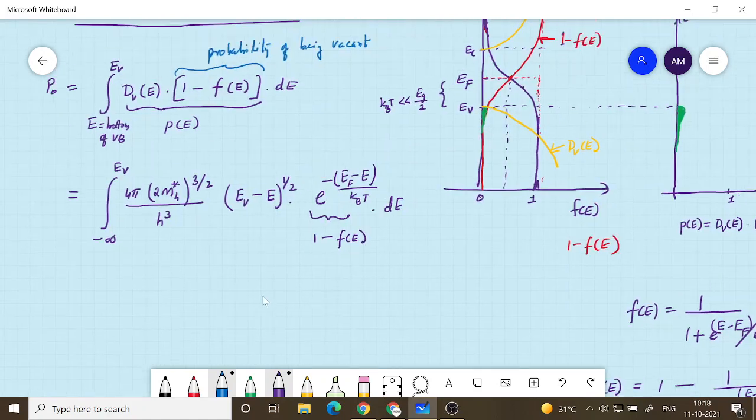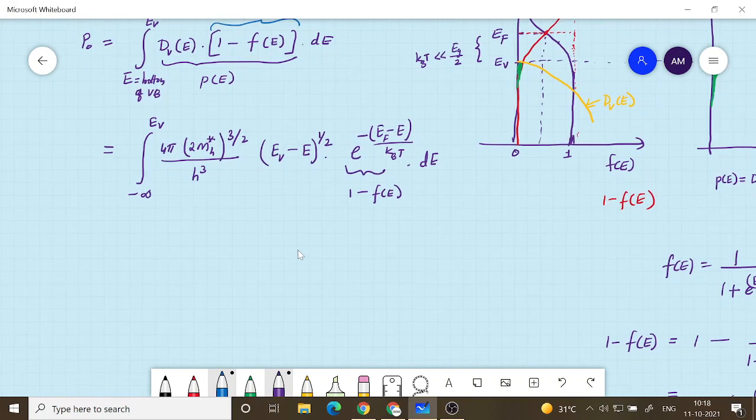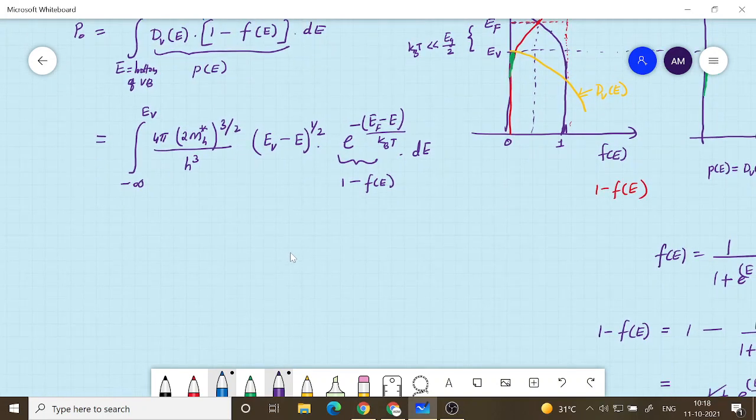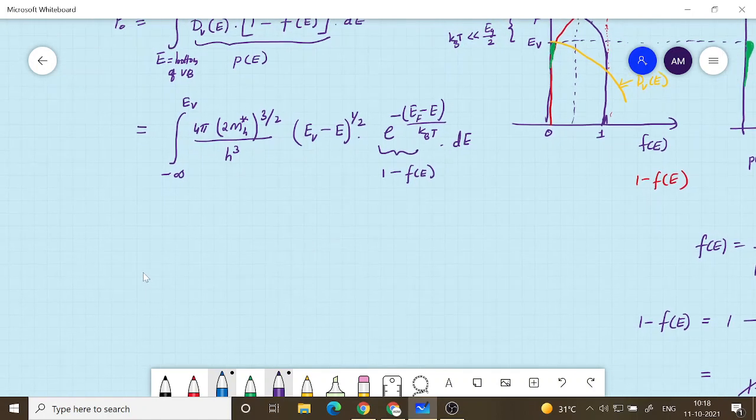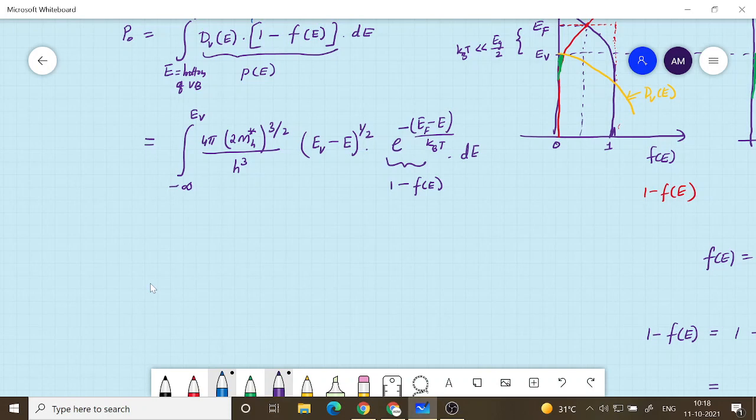Alright, so now we have something very similar to what we did earlier. Again we have to use a substitution, very similar to what we did earlier. Let's say eta, which we define as EV minus E, divided by kBT.